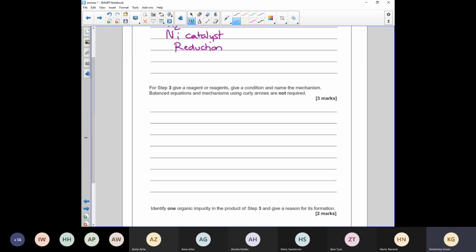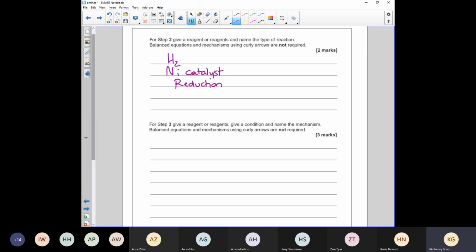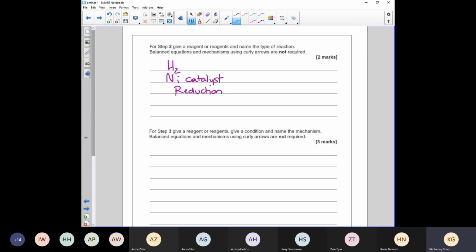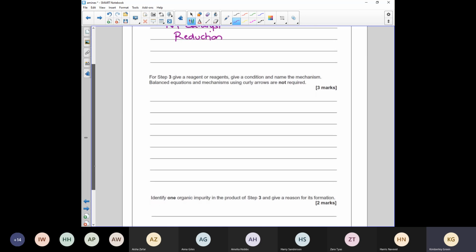Are we down to our final questions now? I think we're doing the final 2 now. We're on the home straight, guys. Look at all this space for just that. This is where you don't need to be freaked out by the amount of space you're sometimes given. They just do it to be aesthetically pleasing. You'll need 3 points. For step 3, give a reagent, give a condition and name the mechanism.